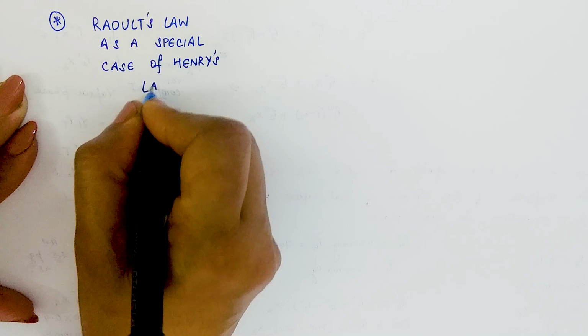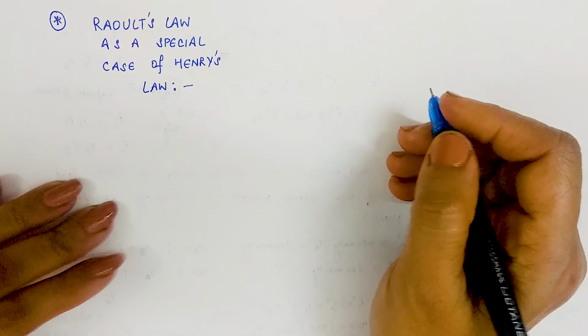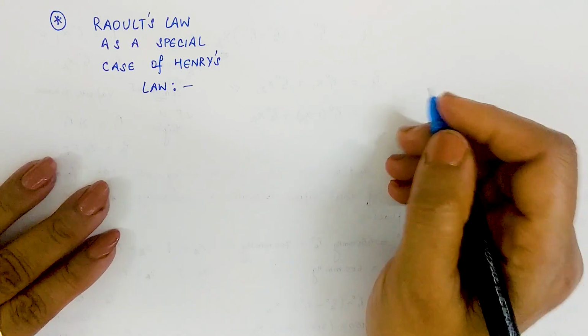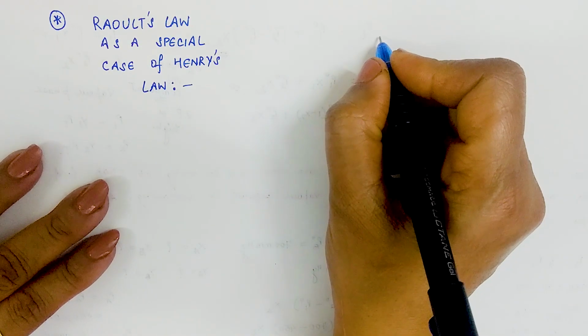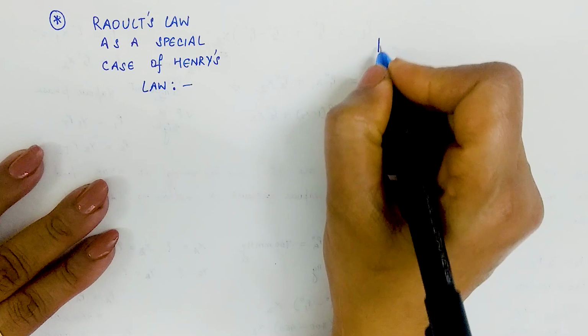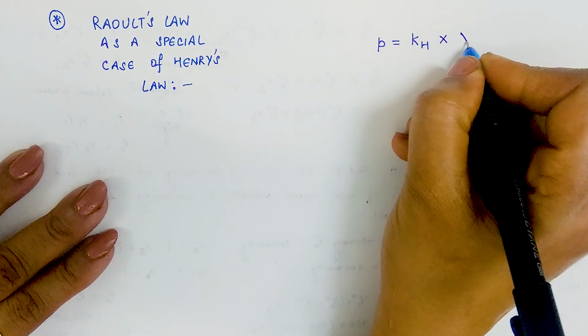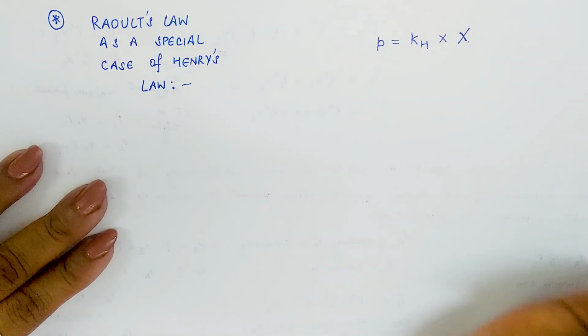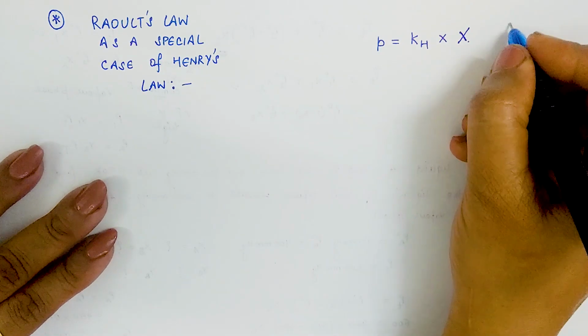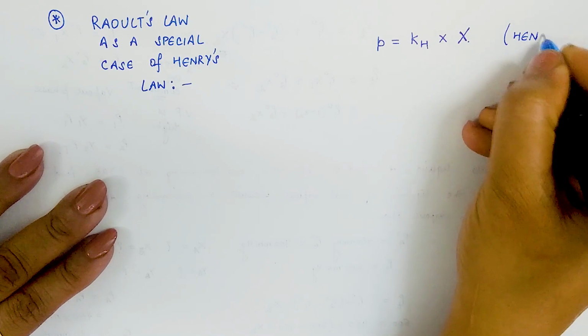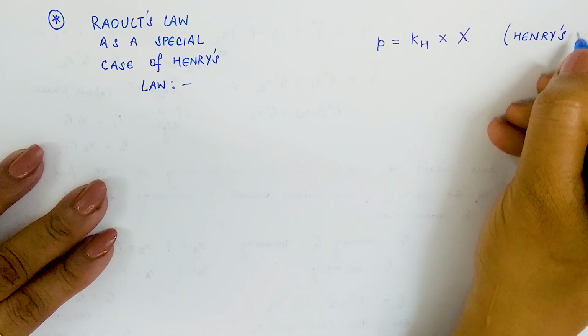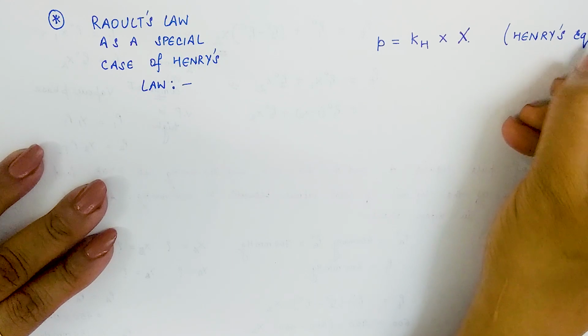Now when I was talking about Henry's law, I said that Henry talked about the partial pressure of the gas when it is dissolved in a given liquid, and he found a relation which we write as P is equal to KH into X. And this X is the mole fraction. This is Henry's equation.